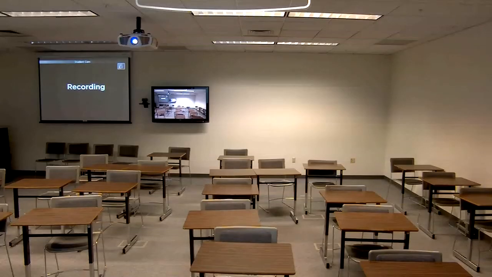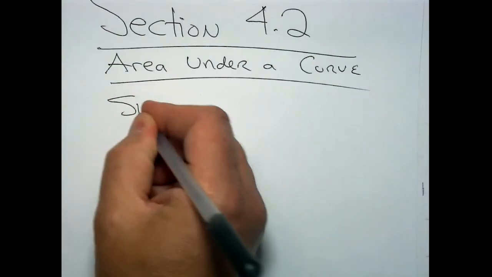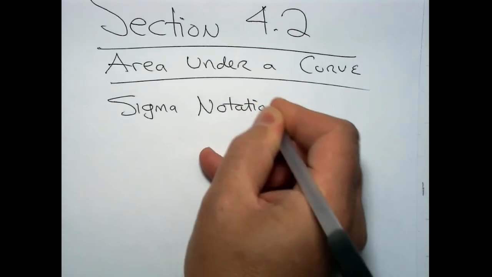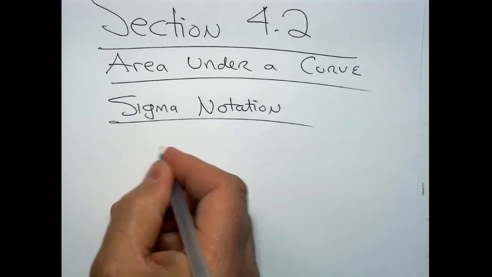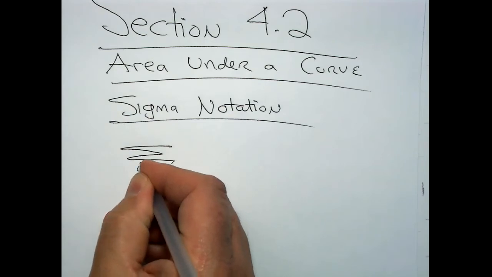But the first thing I want to do is talk about sigma notation, because ultimately we're going to be adding a bunch of things together. So sigma notation is a method of adding multiple things together. We use the Greek letter capital sigma, and we have a little indexer here.